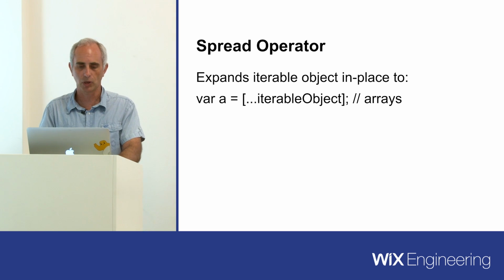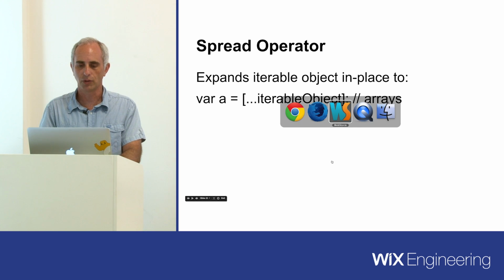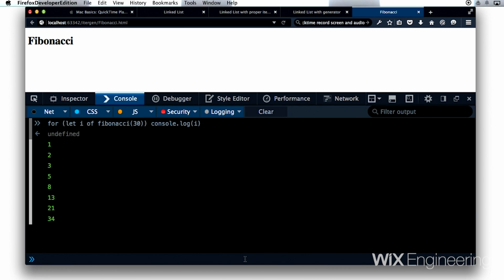So if I wanted to get an array of these values of fibonacci, instead of using for of to assign them into an array, I can simply do something like this. And here I get an array of all these values that I saw before.